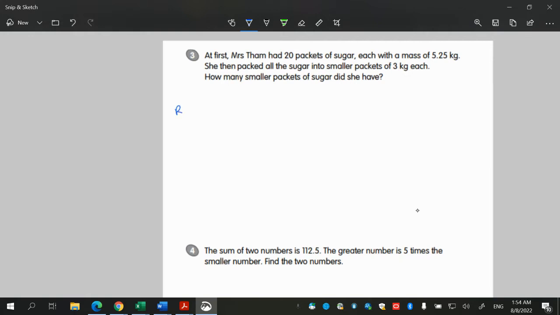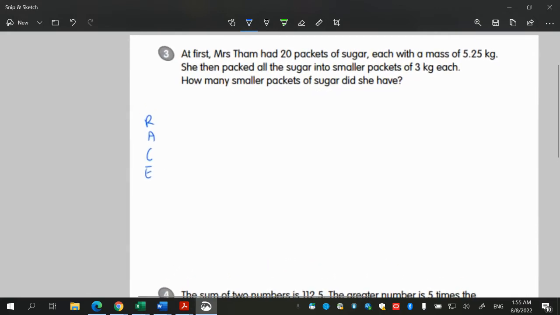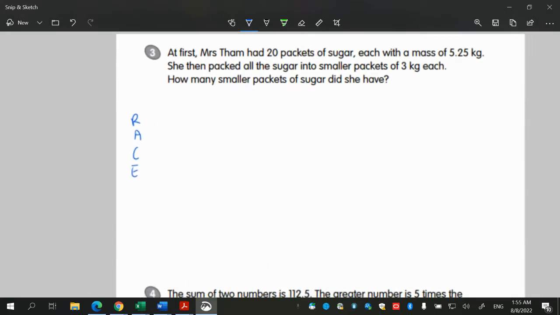Now, we are moving on to problems that have more sentences. Because there are more sentences, it's important that we spend some time to read and understand what's going on with the questions first before solving.